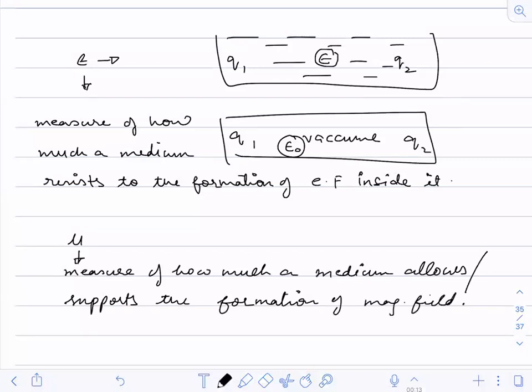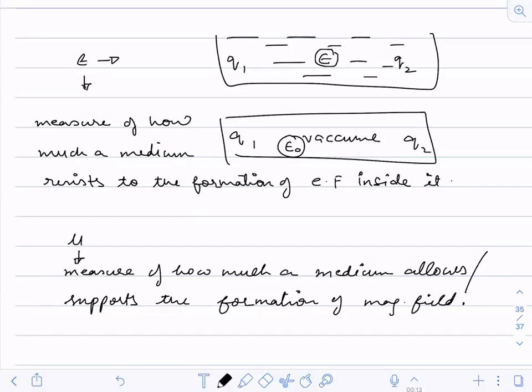So do you understand the difference now? When I was using epsilon in electrostatics, it gave the measure of how much the medium resists the formation of electric field.